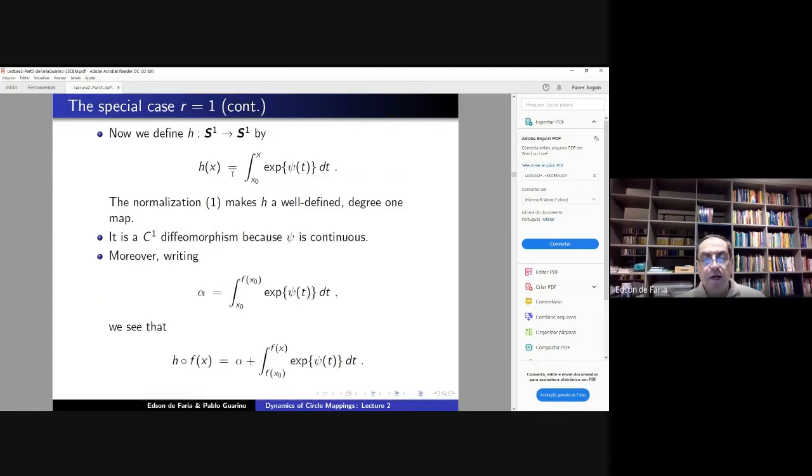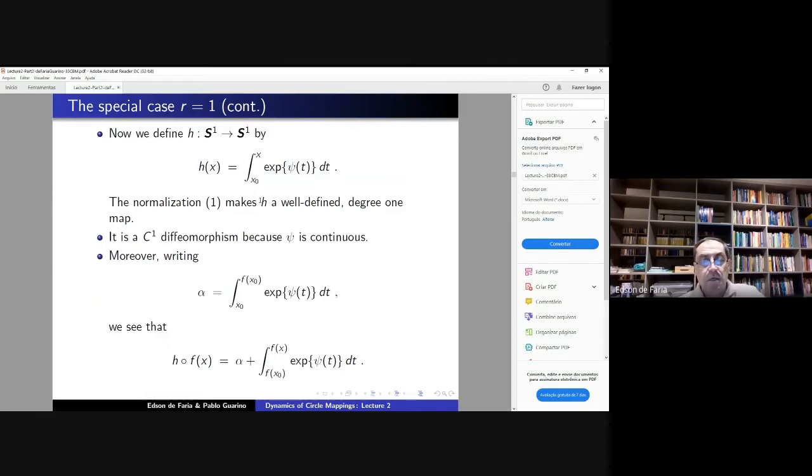Okay, now if you look at the integral from x naught to f of x naught of this exponential, that's a fixed number that I call alpha. Then it's easy to see, just plugging into the expression of H of x, that H composed with f of x is equal to this expression you see at the bottom. In other words, it's alpha plus the integral from f of x naught to f of x of the exponential of psi.